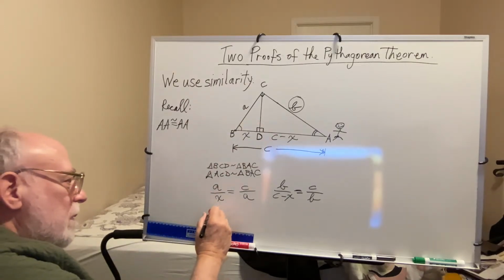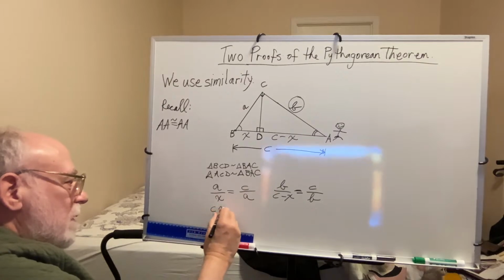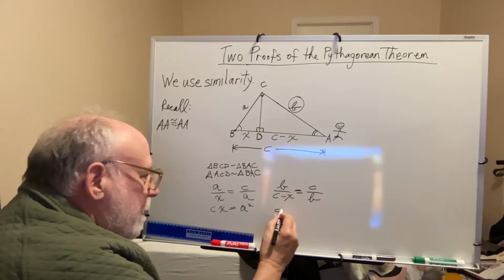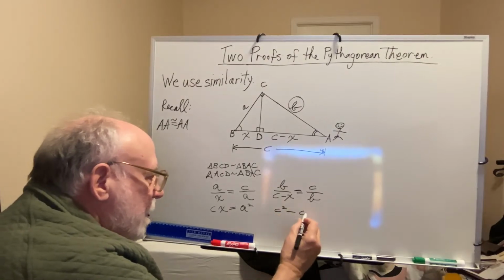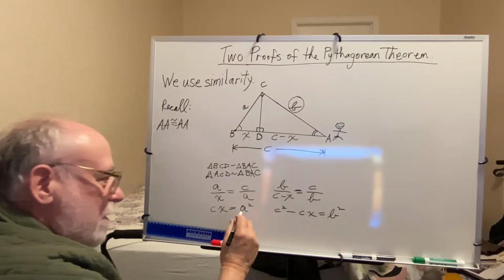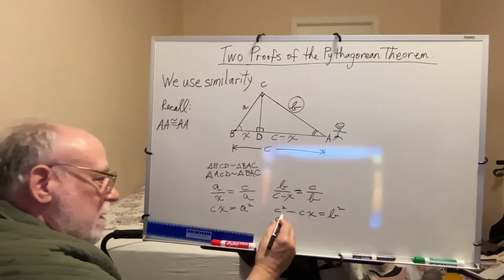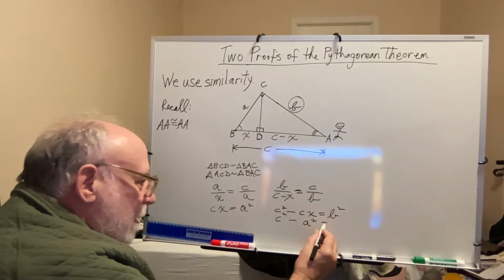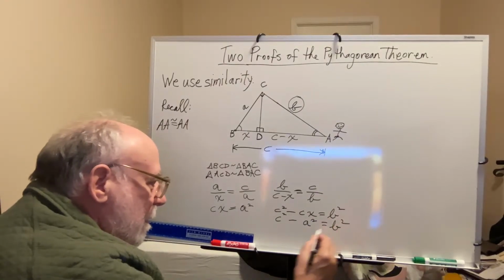This gives you CX equals A squared. This gives you C squared minus CX equals B squared. But CX is A squared, so you get C squared minus A squared equals B squared.